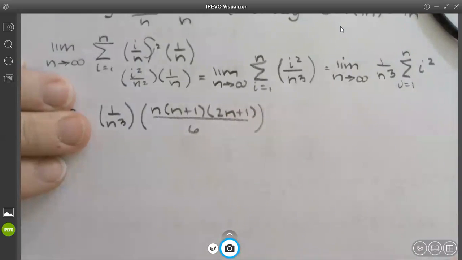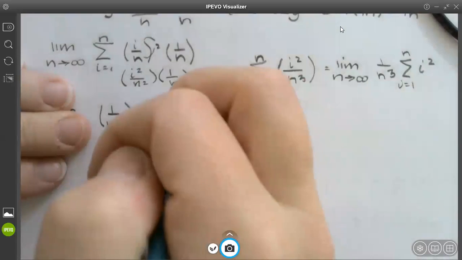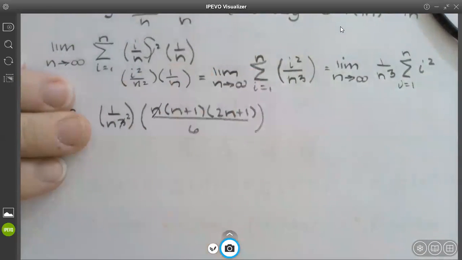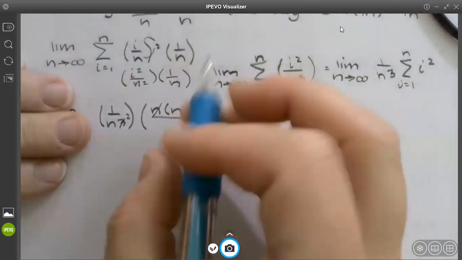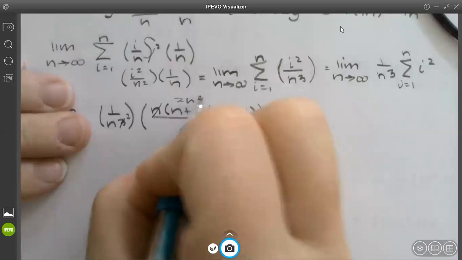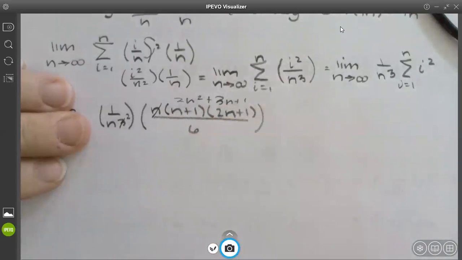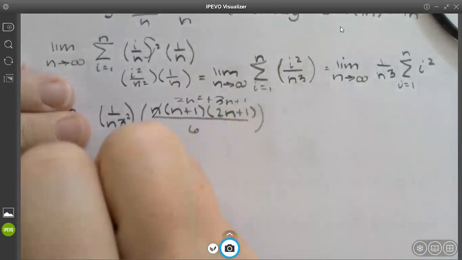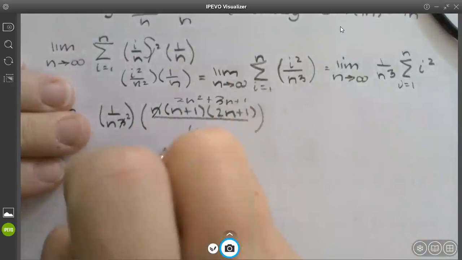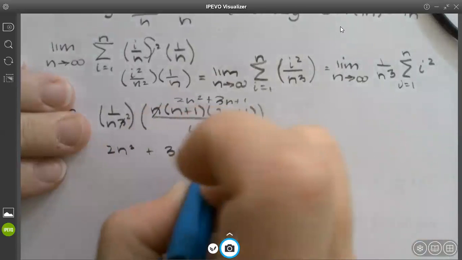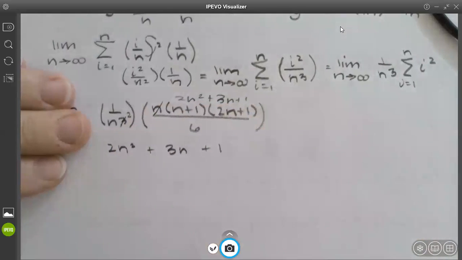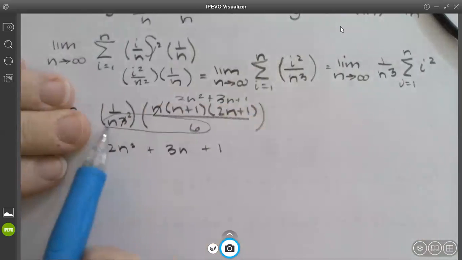Yes, we can cancel out 1 n. What's the top turn into? We just did that on the last one. Okay. So now I'm going to write them separately. So 2n squared plus 3n plus 1 is all I have on top. On the bottom, what do I have?